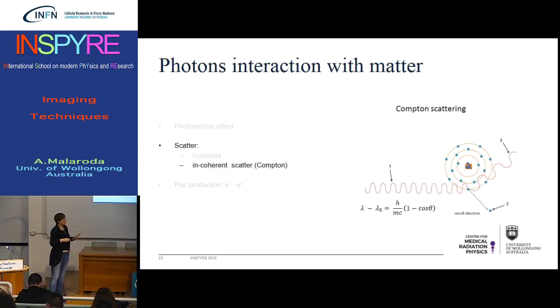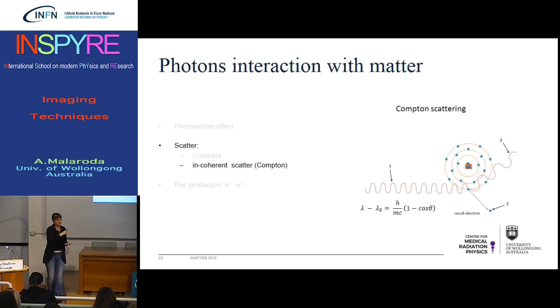So the photon that leaves the interaction, because it has given some energy to the electron, will have lost some energy and will change direction. And the angle between the electron and the photon needs to have a certain relationship. Why? Because of conservation of momentum. And that's what this equation is telling you.